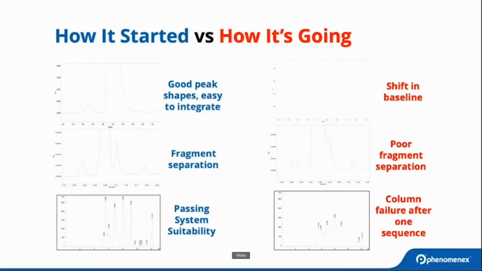What was once a good fragment separation can become terrible quite quickly, and suddenly your CDMO or partners are complaining that their columns or methods are failing after one sequence, and this can make sustainability a challenge. What's needed to develop a robust and transferable size exclusion method is something that can survive tech transfer with minimal hands-on support.